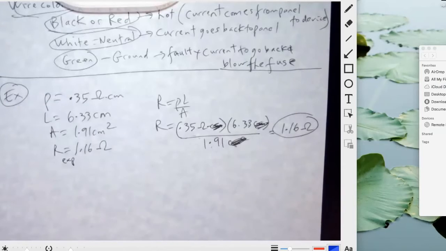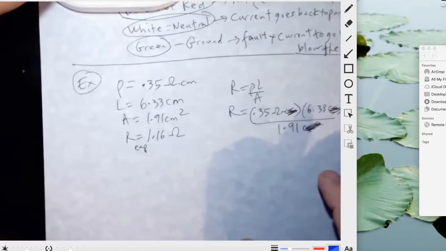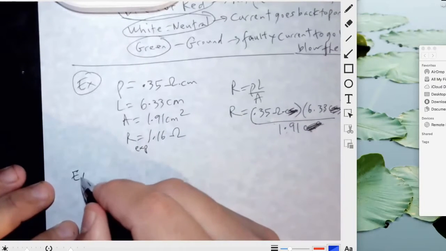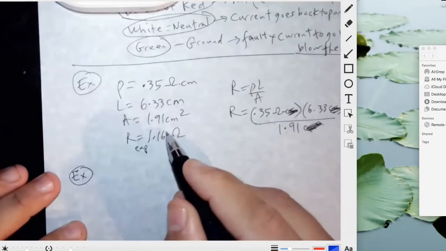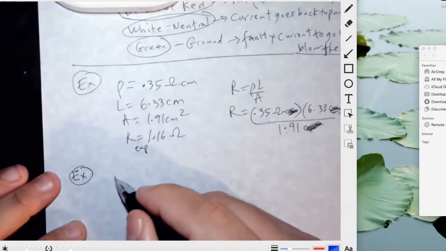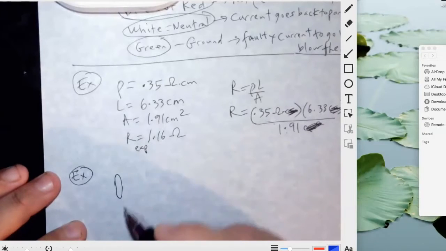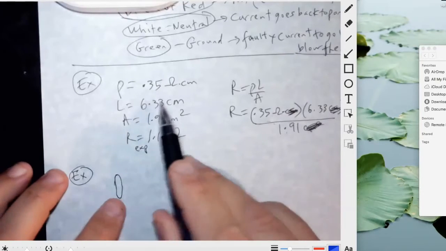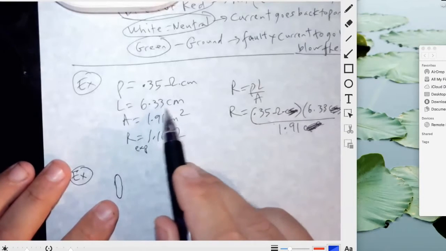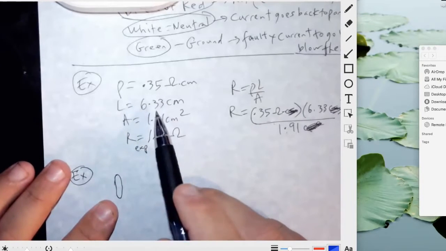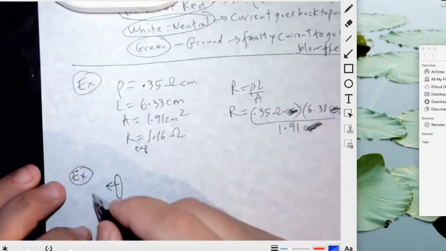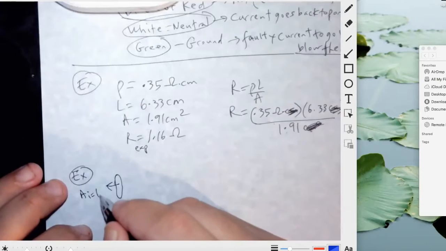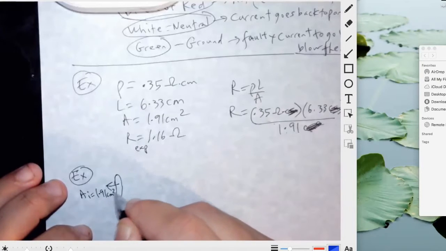Okay, how about if you have a resistor that is something like this? Let's say I'm going to use the same dimensions. So let's say the initial area was 1.91 centimeters squared.